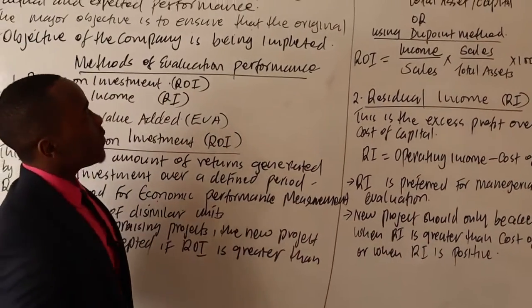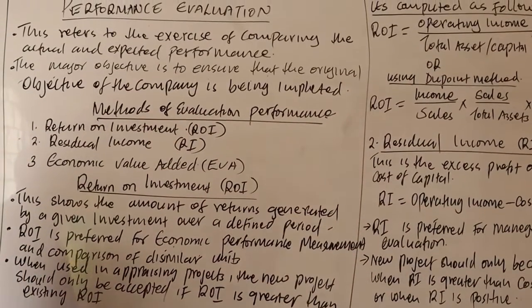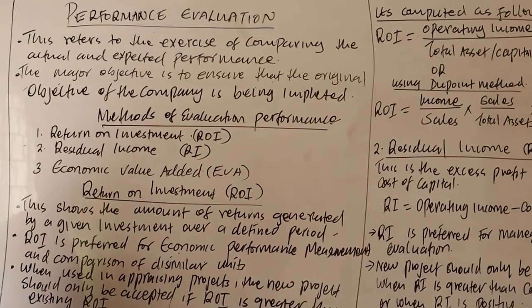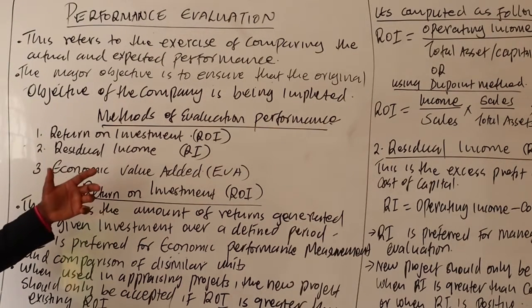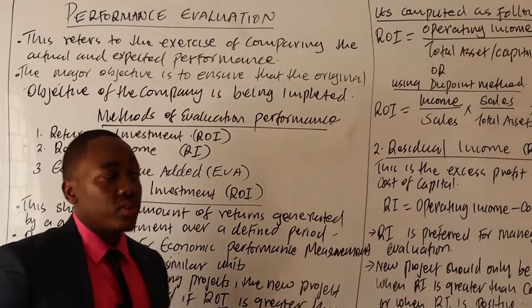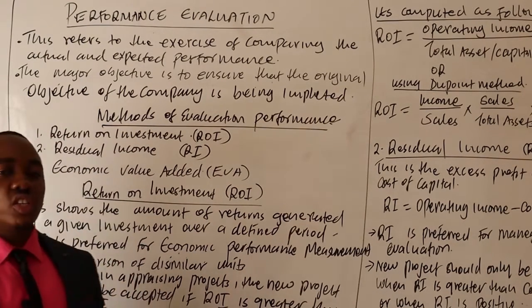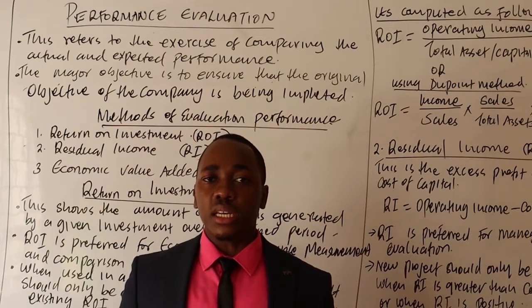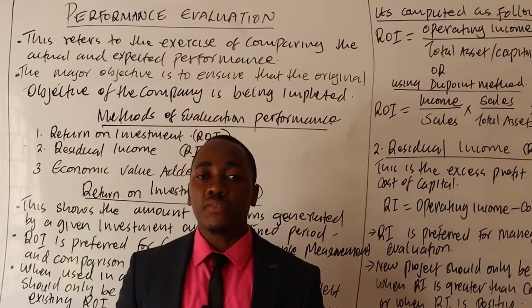So now, under this topic, performance evaluation refers to the exercise of comparing the actual and the expected performance. That's what we call performance evaluation. And the major objective of performance evaluation is to ensure that the original objective of the company is being implemented. So that's the primary objective.